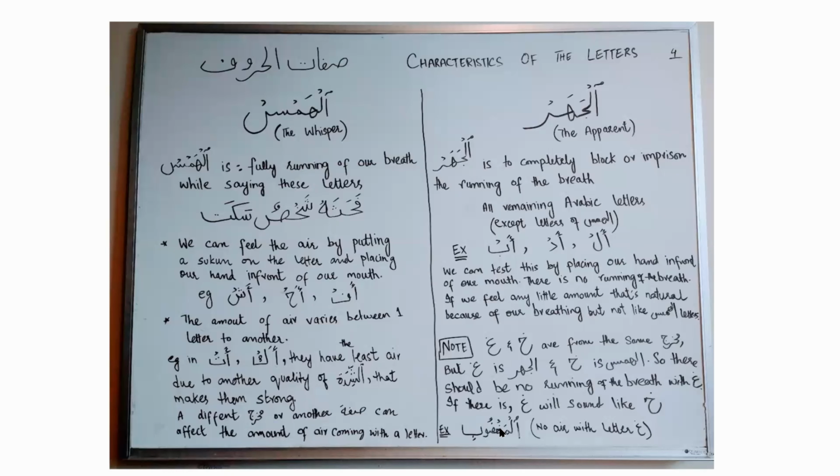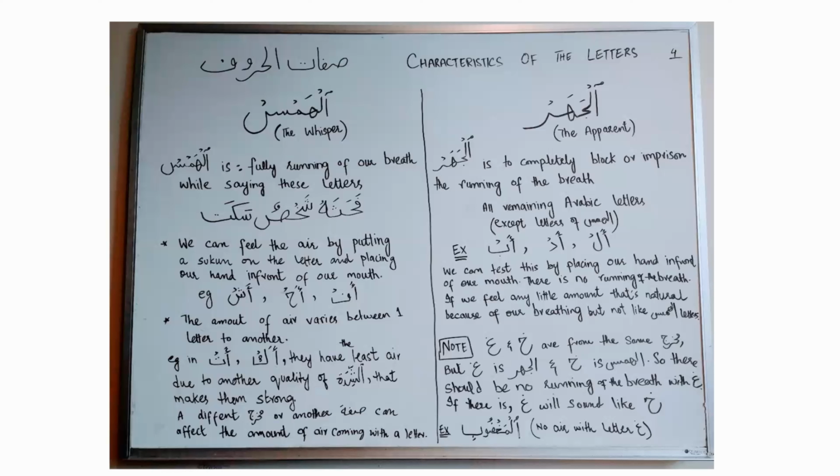The word is al-maghdubi. But if I try to run my breath with letter ghain, it will sound something like this: Al-makhdubi. So instead of letter ghain, it sounds more like letter kha, and this is what I have to avoid.